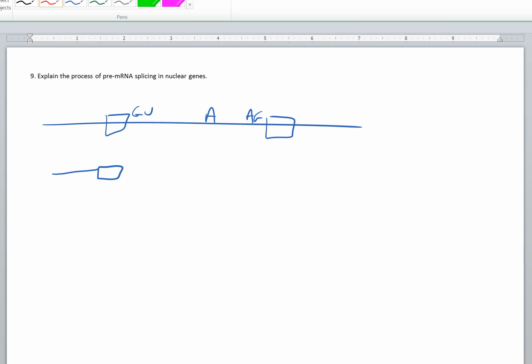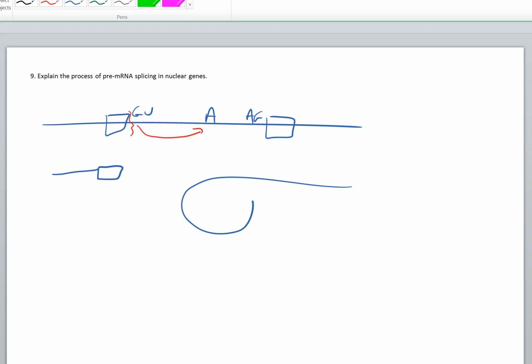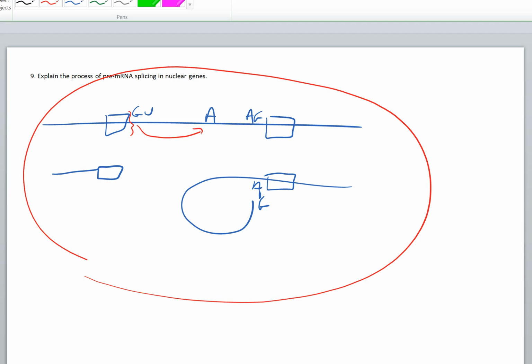So we're going to cut this, and then this is going to form a bond here. We'll draw it like this, and this G and this A form a bond, and then this X, this is the exon right here. It cuts that and forms that bond, and this is all within the context of the spliceosome.